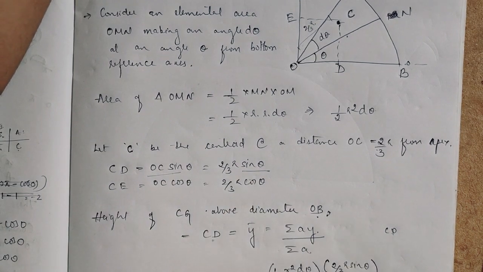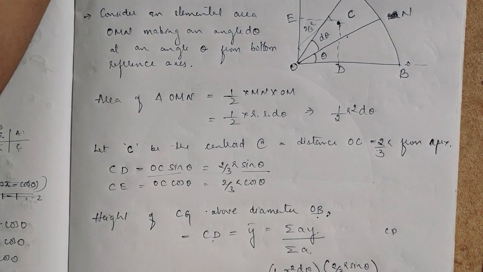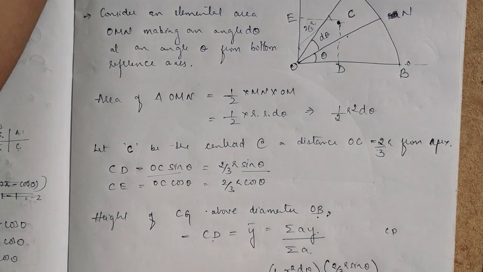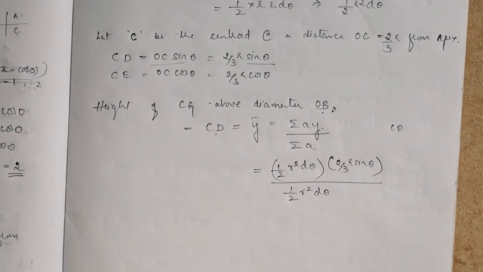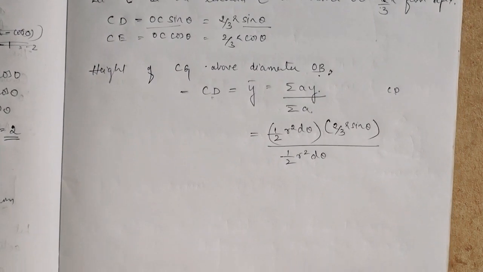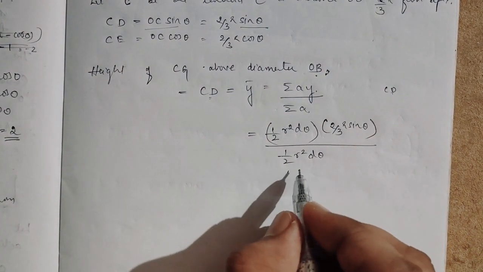So y bar is 2 by 3 r sin theta into half r square d theta, divided by half into r square into d theta.